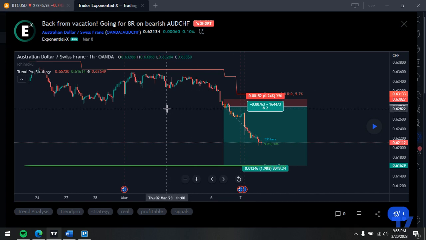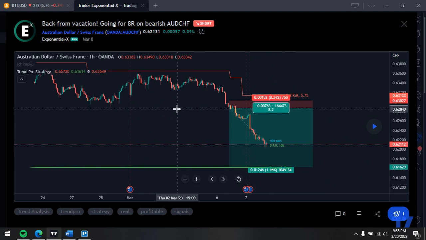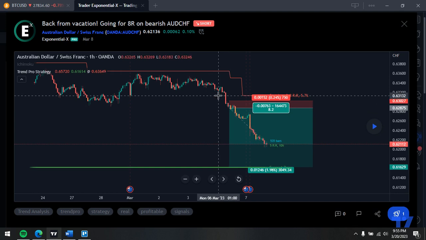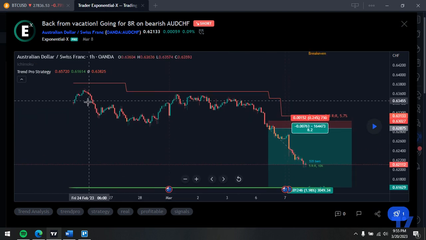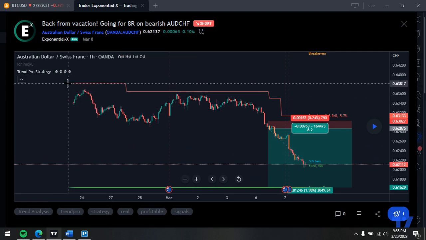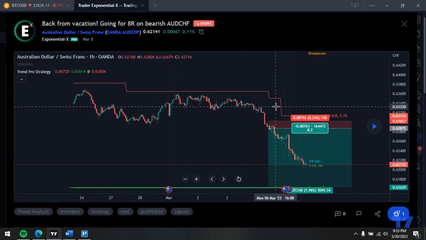So, for those familiar with the Trend Pro indicator and the signal strategy, essentially, the yellow bars, I treat them as scale in opportunities, right? So, for example, an earlier entry would be somewhere here or even earlier. So that's why we have this red trailing stop line going on here.